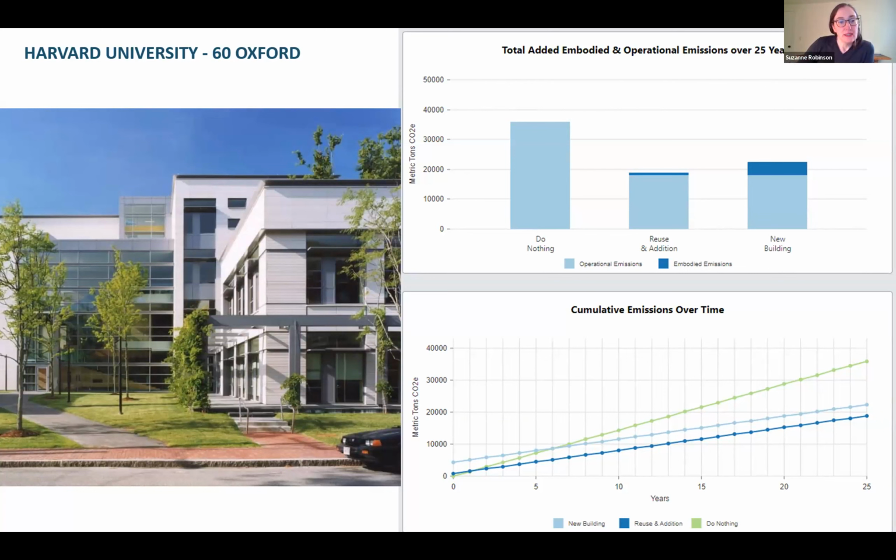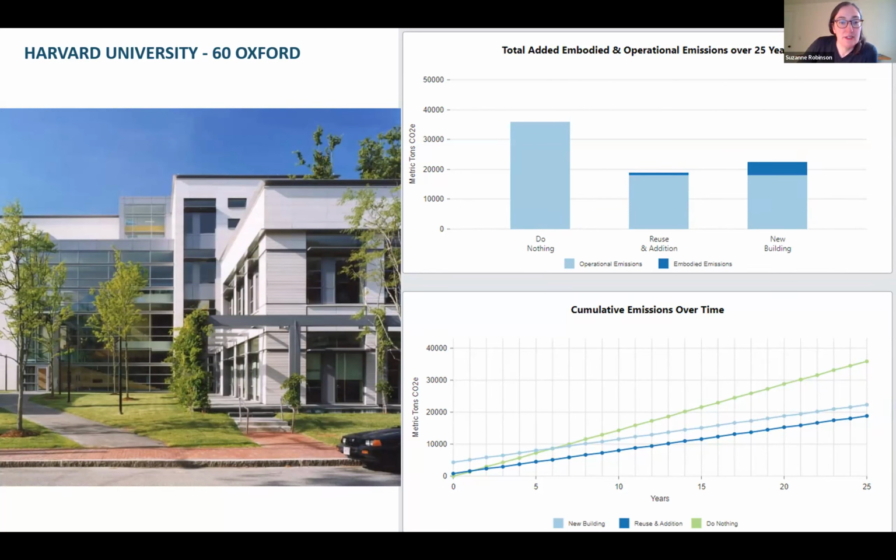And so if you look at the graph here, what you're seeing is the do nothing, the green, over time is just going to have the highest carbon footprint. So after 25 years, it will be substantially higher. What's interesting to see is these inflection points.